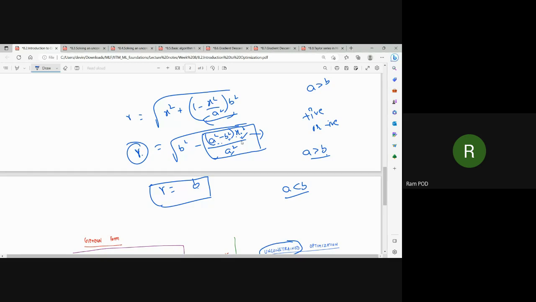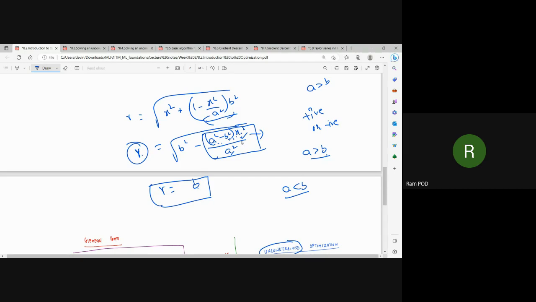If a is less than b, then a square minus b square is going to be less than 0. So this minus of a square minus b square is going to be greater than 0.